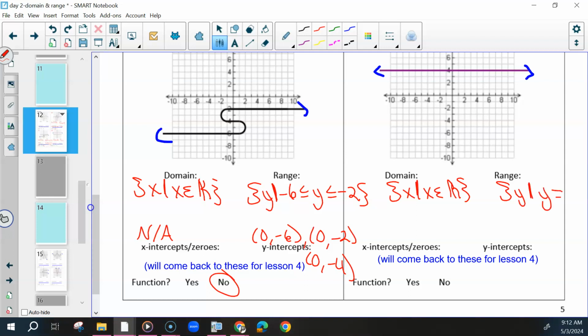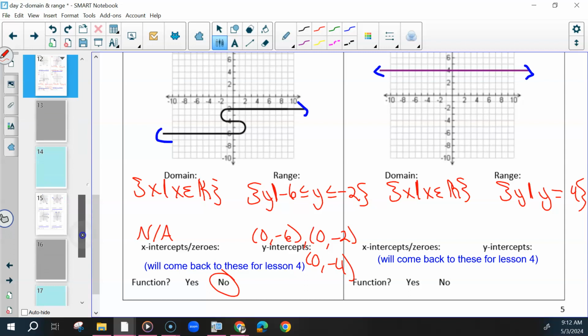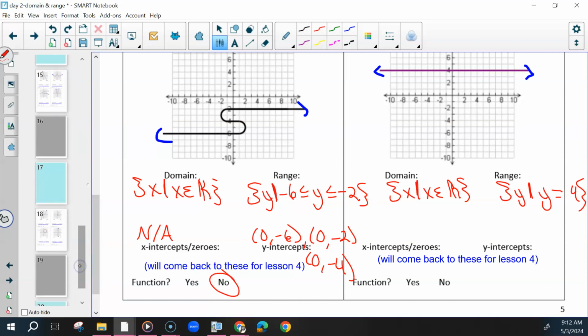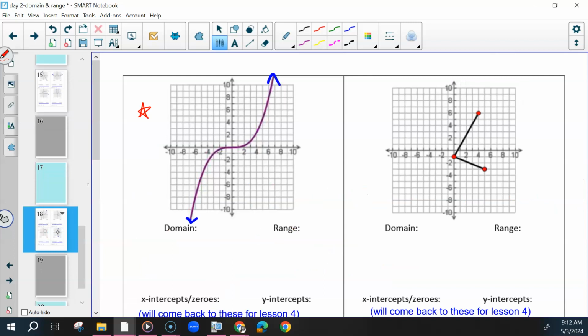Y equals what number? 4. And then I'll let you do the x and y intercepts and functions later. Questions on anything on this page before we do the last one? This one would be a function, yes.